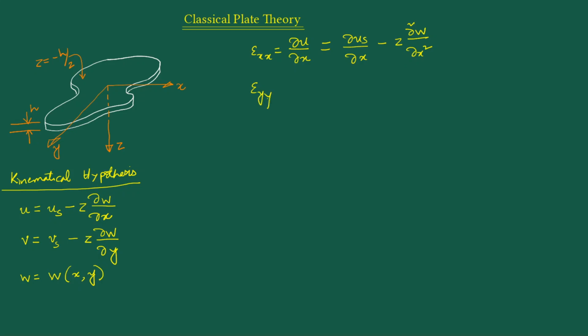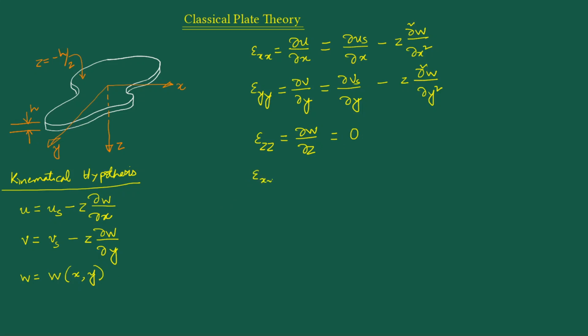In a similar fashion, epsilon yy, that is del v del y, gives us del vs del y minus z del square w del y square. Next, for epsilon zz, we have del w del z, and please note that w being a pure function of x and y, not being dependent on z, this del w del z gives us 0.